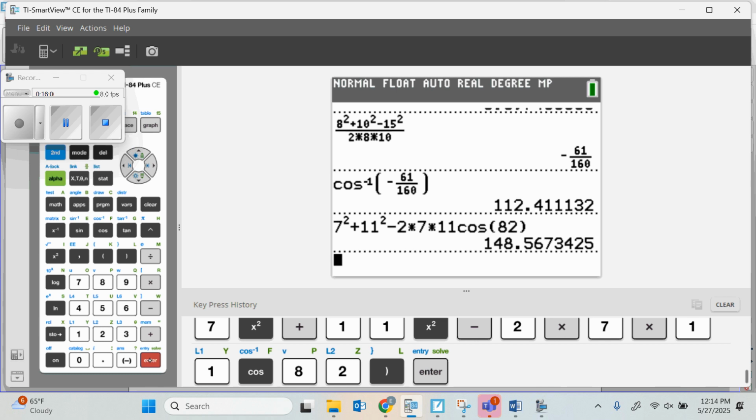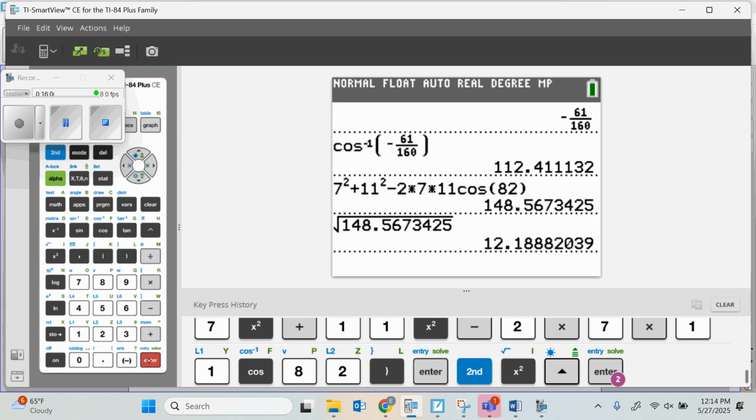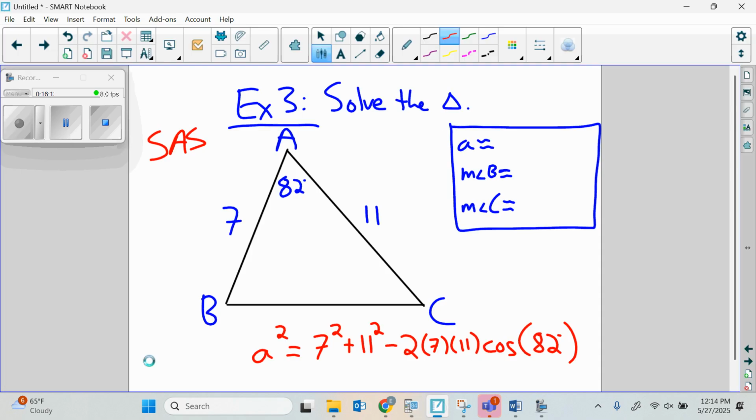That 148 is A squared. I have to square root that. I'm going to do the square root of that number to get little a equals 12.189. So that's this missing side right here, 12.189.